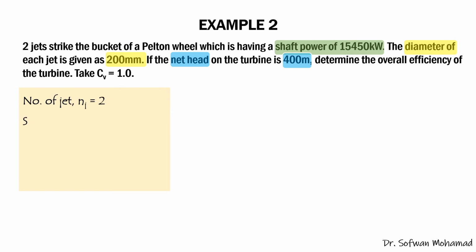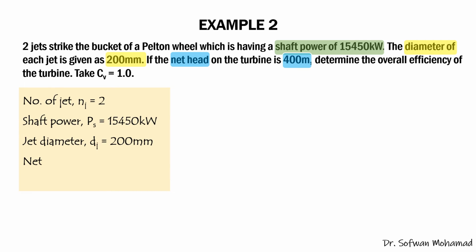And then we write down all those information. Number of jet NJ equal to 2, shaft power PS equal to 15,450 kilowatt, jet diameter DJ equal to 200 millimeters, net height H equal to 400 meter, and velocity coefficient CV equal to 1.0.